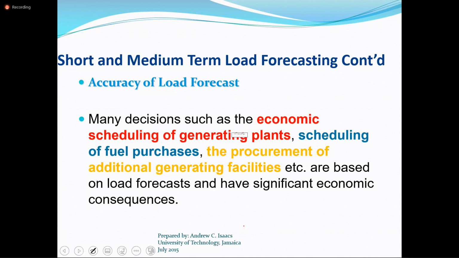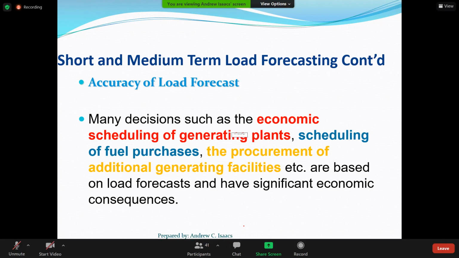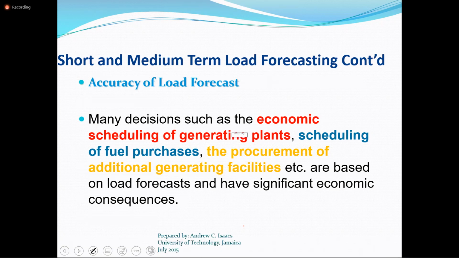All right. So the decisions regarding economic scheduling of our generating units or plants, and when I purchase fuel, because again, coming back to what I said at the beginning, if we are not able to facilitate savings, then our purpose as engineers will come into question. Now, if money was not an issue, I could have the company set up 50 fuel storage facilities, but that's a waste of money.